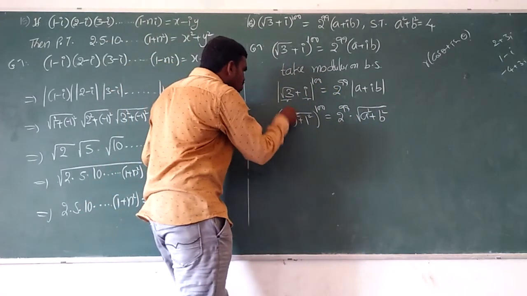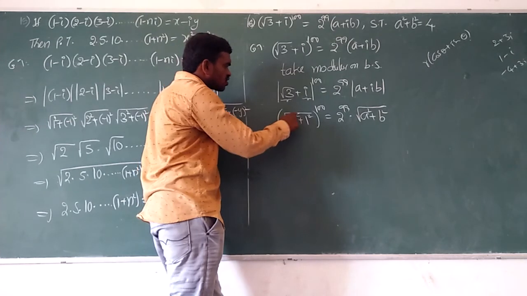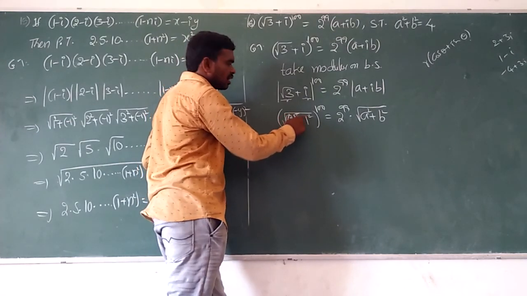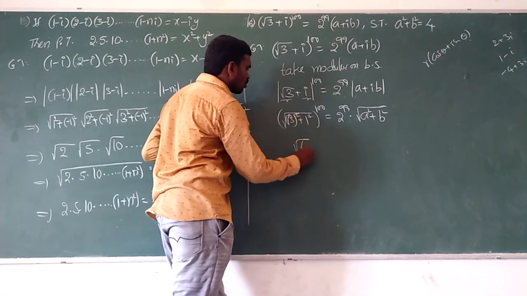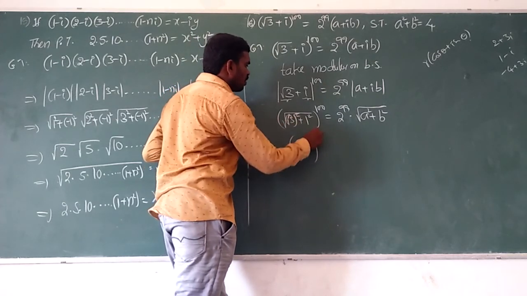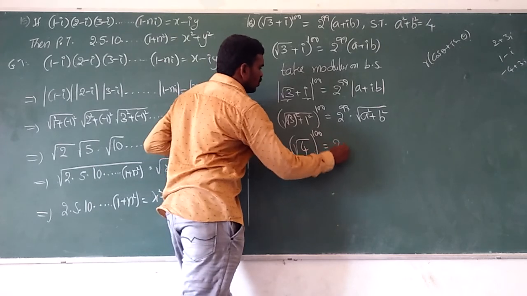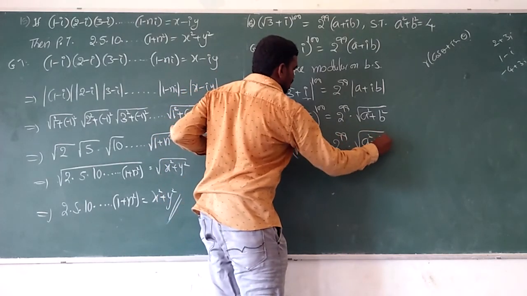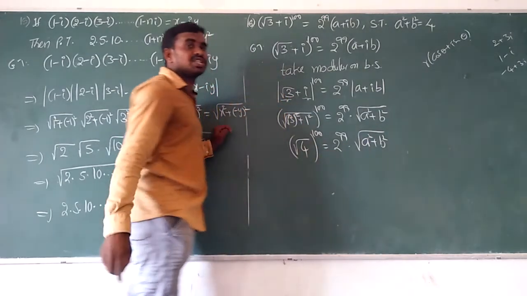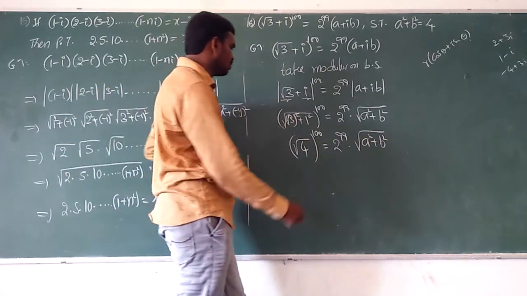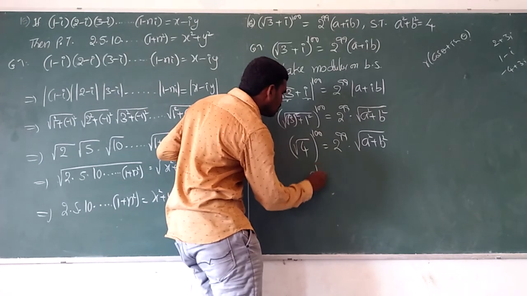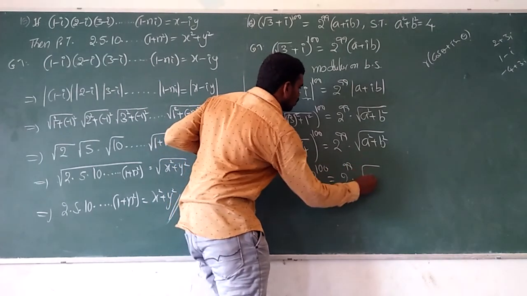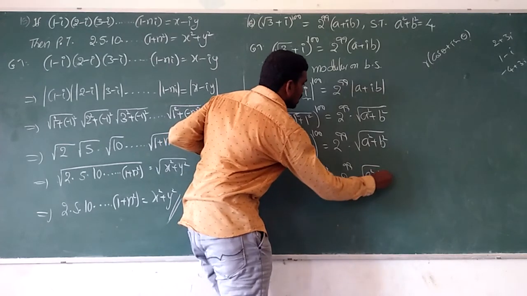Root 3 square, the root cancels, remaining 3. 3 plus 1 square is 1, 3 plus 1 is 4. So root 4 power 100 is equal to 2 power 99 into root of a square plus b square. See, root 4 value how much? 2. Very good. So 2 power 100 is equal to 2 power 99 into root of a square plus b square.